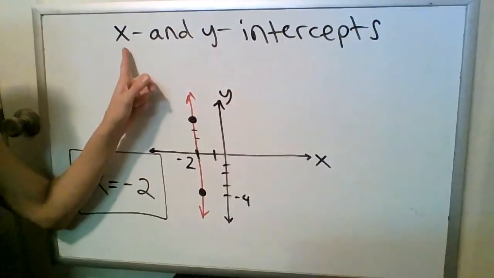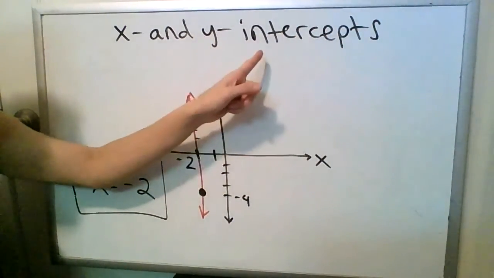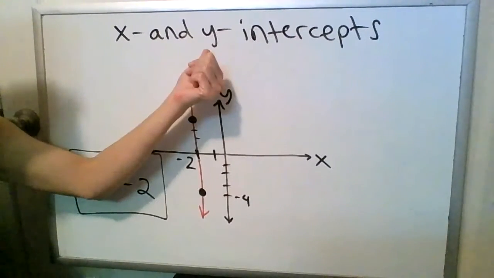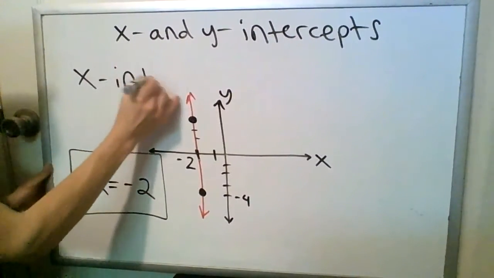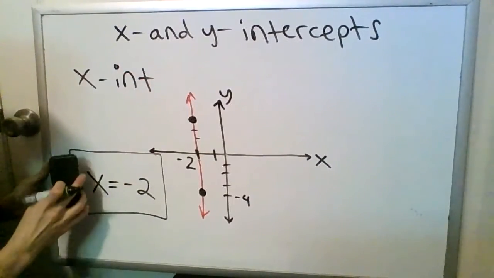So your homework will ask to find x and y intercepts. So your x-intercept and your y-intercept. You get your x-intercept when you put y equal to 0.